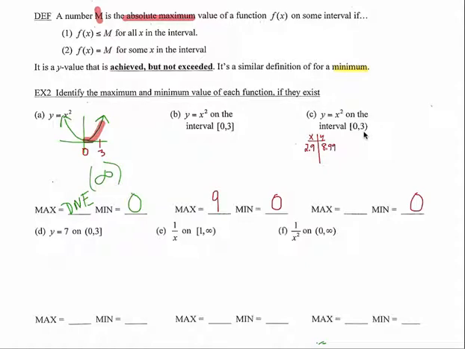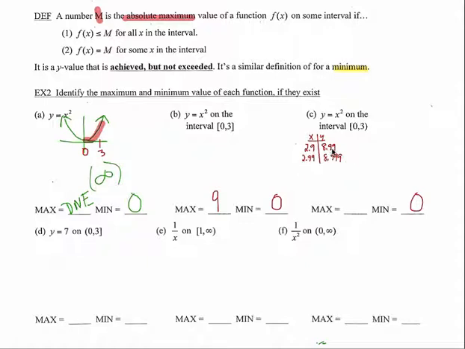If we got a little bit closer to 3, say 2.99, the y value would be 8.999. Right, so our y values are getting closer and closer to 9, but they never get to 9. And again, if we are asked what is the maximum value, we can't give an exact answer.